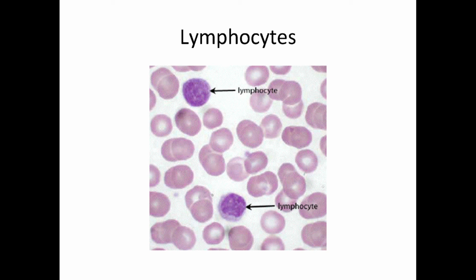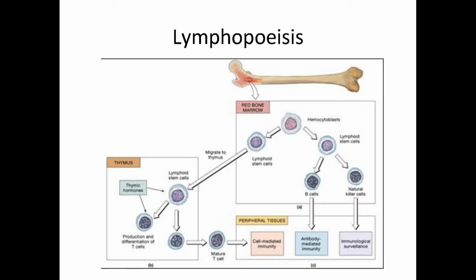All right, so coming into the immune system, those lymphocytes are produced starting from this same stem cell that initially divides into the lymphoid stem cells and the blood stem cells.